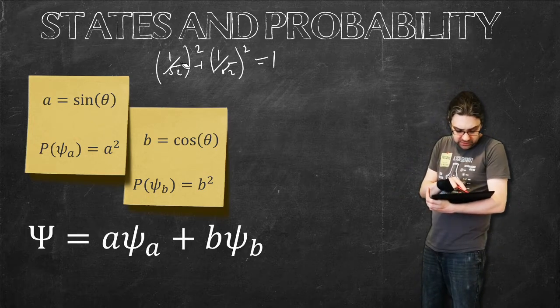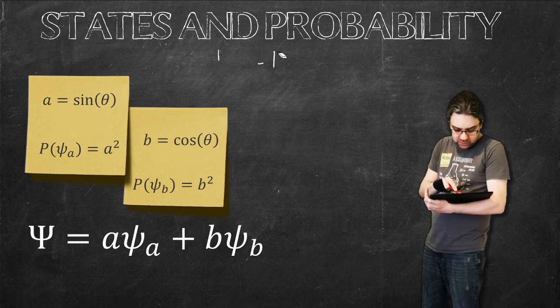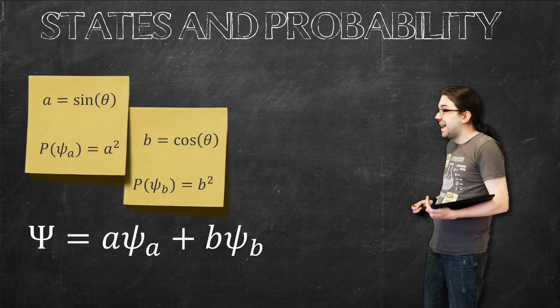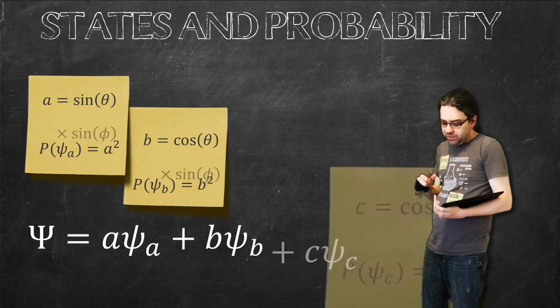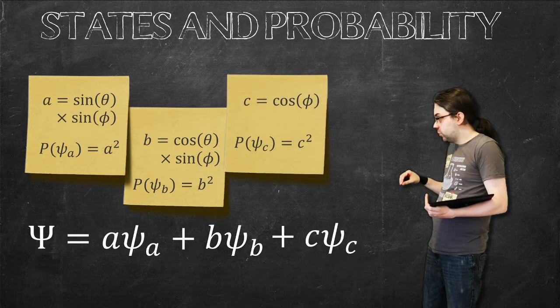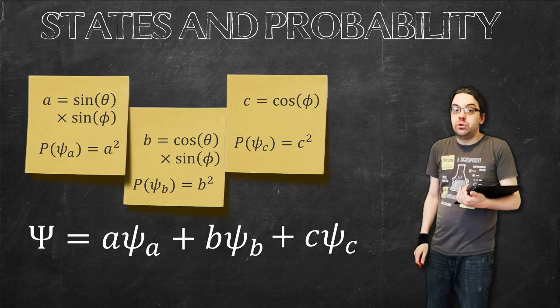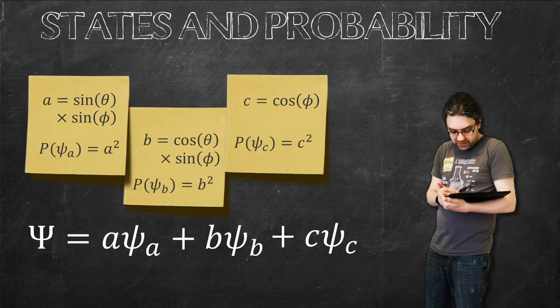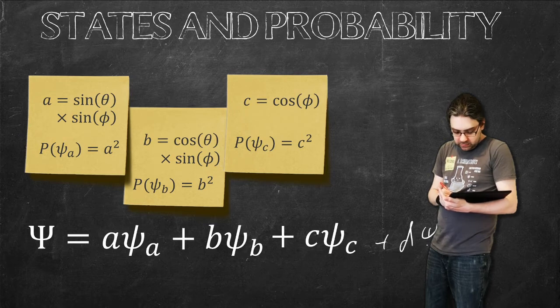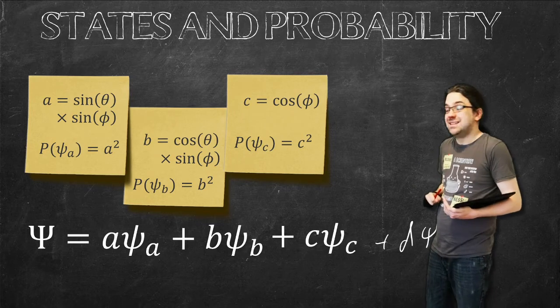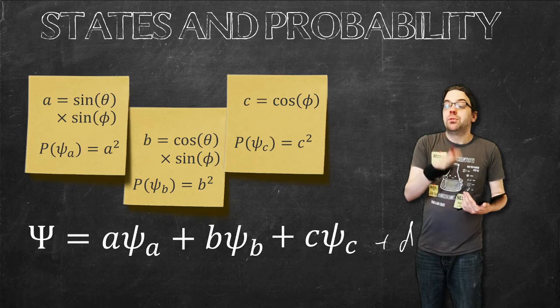And we don't necessarily need to leave it at just two states. We can add in a third. How we then work out those coefficients becomes a little bit more complicated. We need to start thinking in three-dimensional coordinates. And if you add a fourth state in, it'll get more complicated still. But these things can be modular.